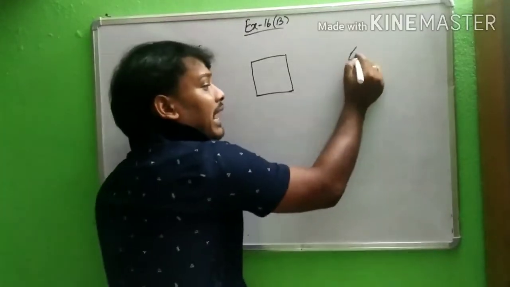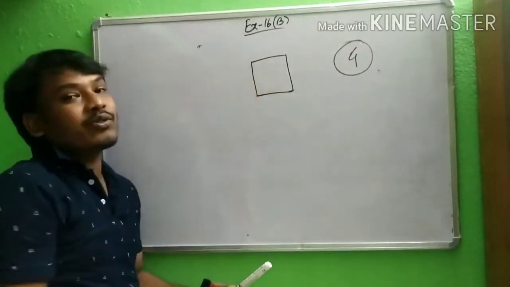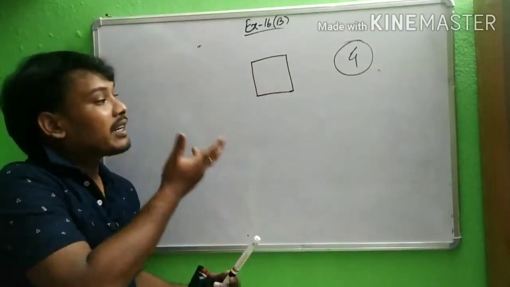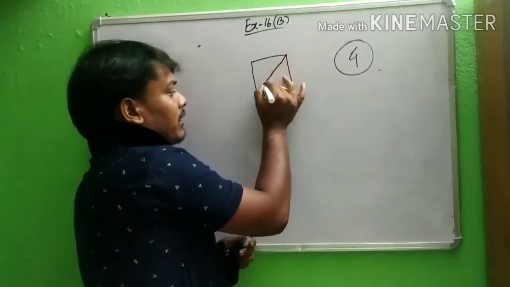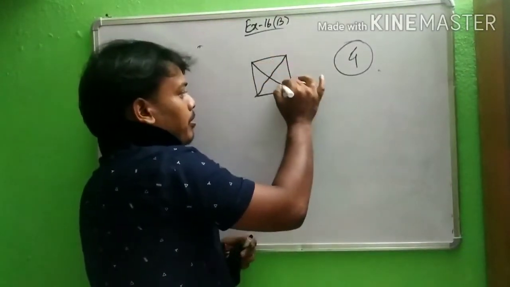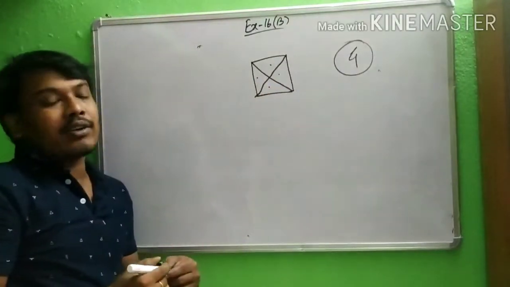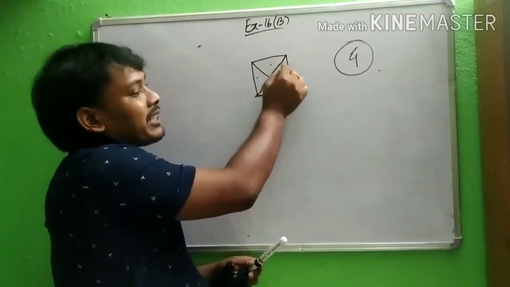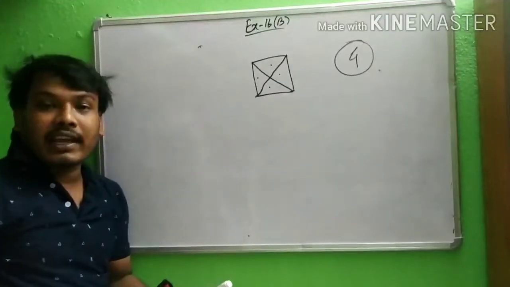So if we draw the diagonals, we can divide this square into four equal triangles, and all the triangles are of equal measure. That means the area of each of these triangles is equal.